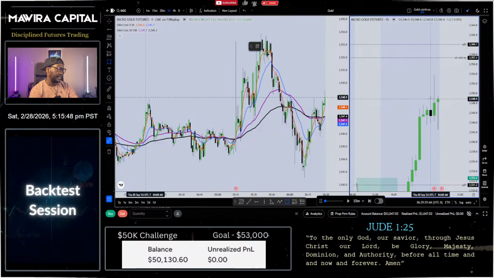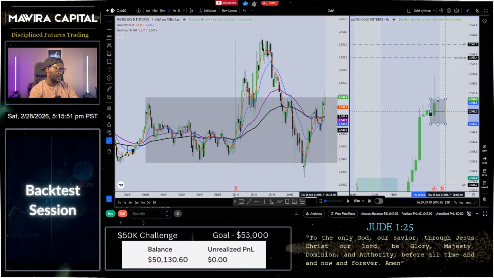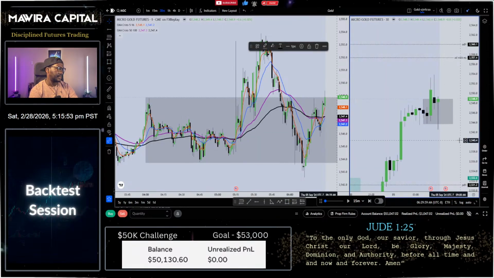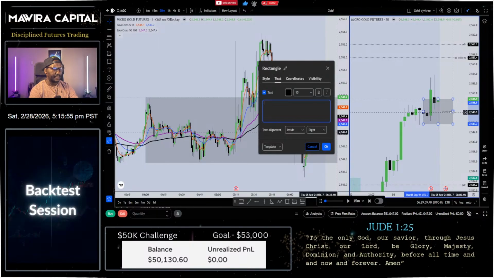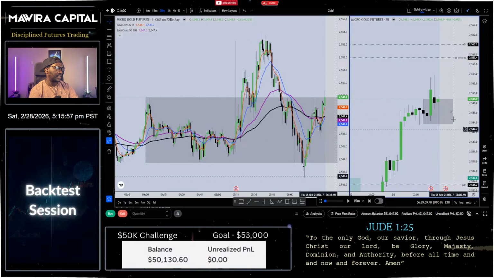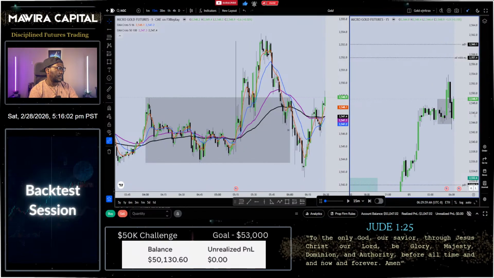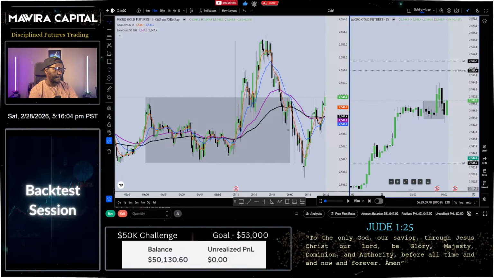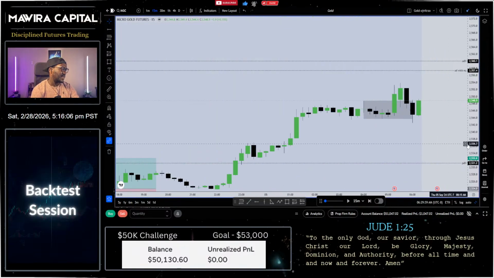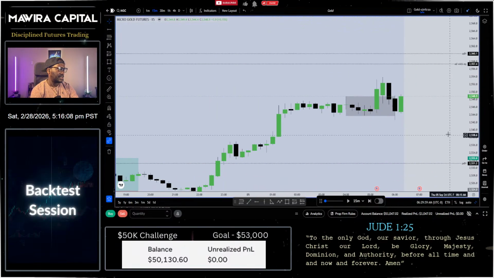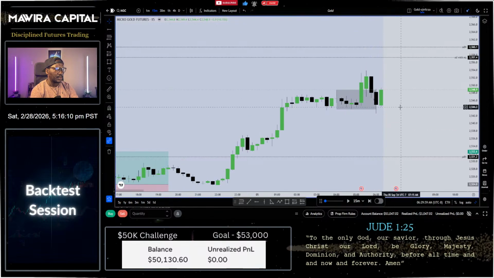Yep, see this right here? If we close below, I want to take what? It's clearer on the 30 minutes, but we'll have to get that confirmation first. In the meantime, we see nothing. So we may as well stay on the 15 until we see a clear zone.